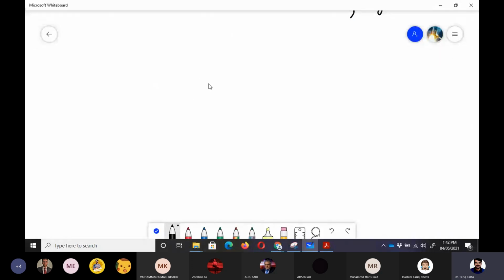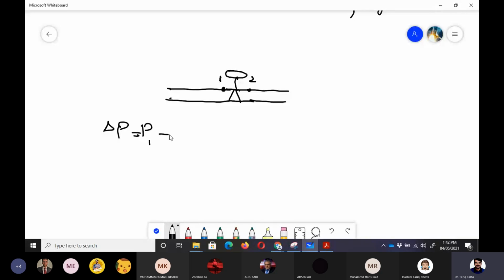Okay, so if we have a pipe in which we have a valve here, right? In this case, the delta P we are talking about is between location one, which is this, and location two, which is this. So delta P would be equal to P1 minus P2.